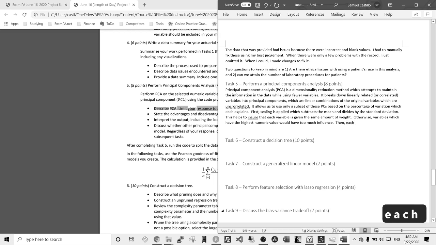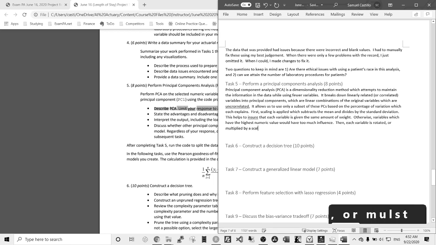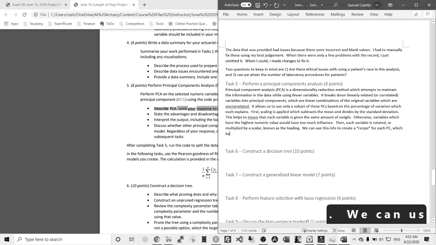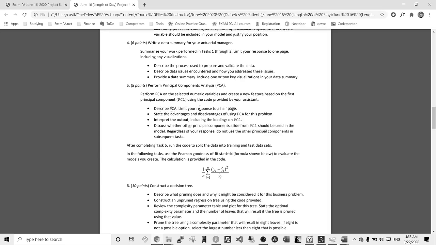Then each variable is rotated or multiplied by a scalar known as the loading. So we can use this info to create a recipe for each PC, which helps us to interpret it. This says describe PCA and limit your response to half a page.